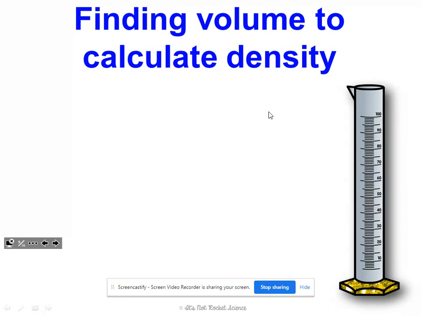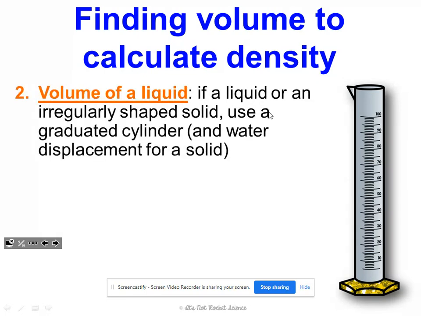All right, so we found the volume of a solid object. For the second one here, we're going to find the volume of a liquid object, but we are going to use a graduated cylinder method. This is what we use if we want to find the volume of a liquid, or if we want to find the volume of an irregular shaped solid.